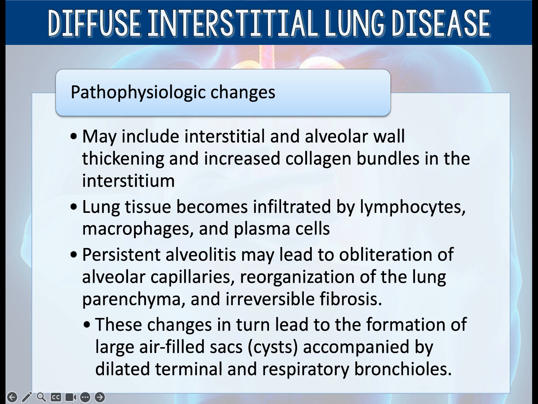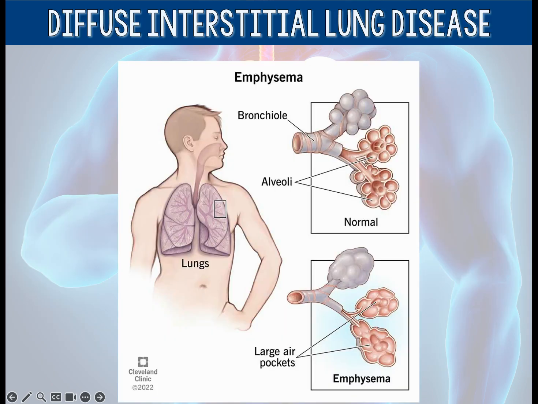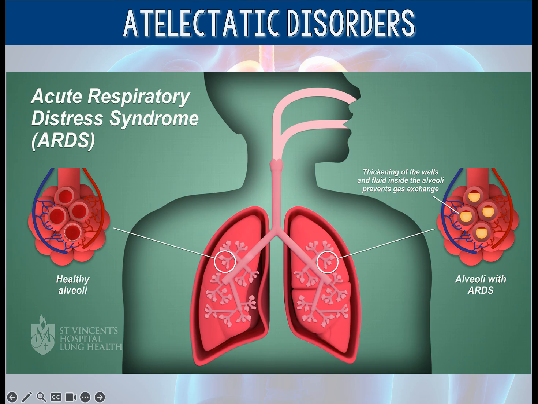Then you have inflammation of your alveoli, and it leads to your alveolar capillaries being destroyed. So as in emphysema, there's your normal bronchiole, and then your emphysema has these large air pockets.